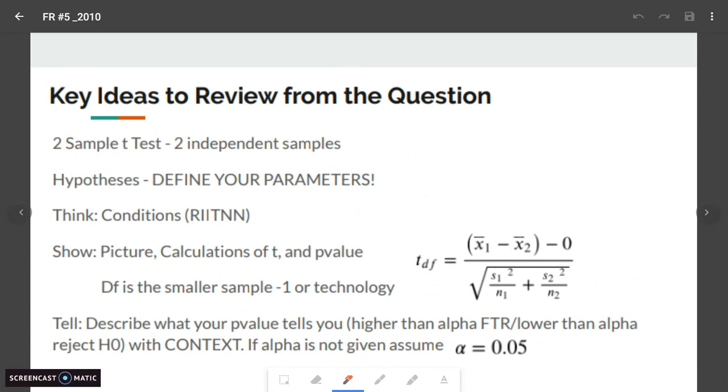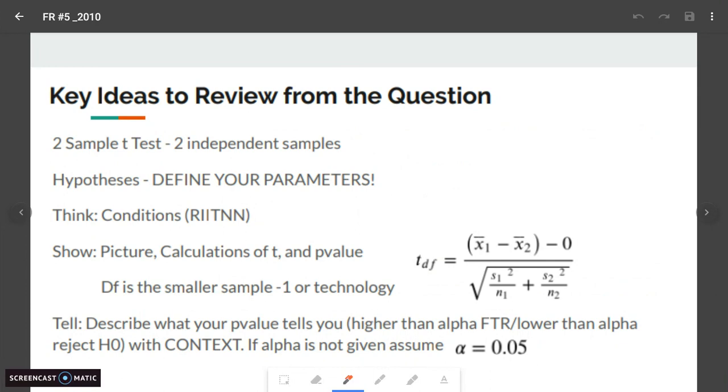And for degrees of freedom, that would have taken one of 2 things. You could have gotten it right from your calculator because it does that in the test for us, or you could take the smaller sample and subtract 1. So you could have said the degrees of freedom was 7 in this case because my 2 sample sizes were 8 and 10. So you could have done 8 subtract 1.